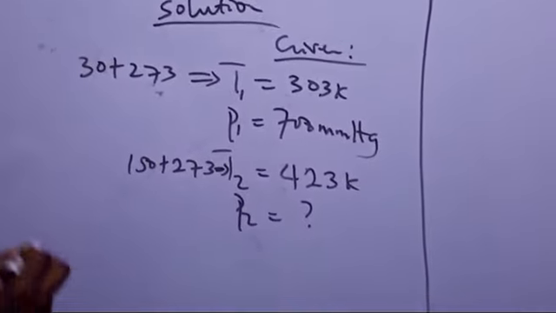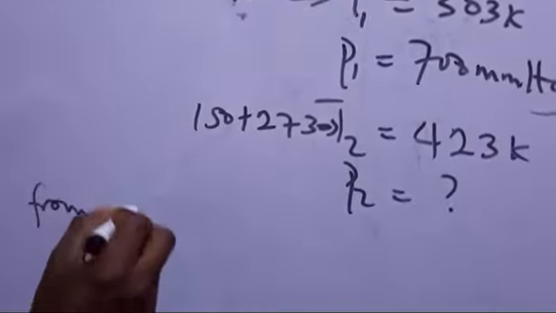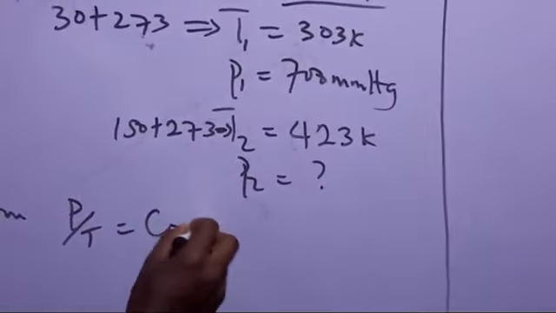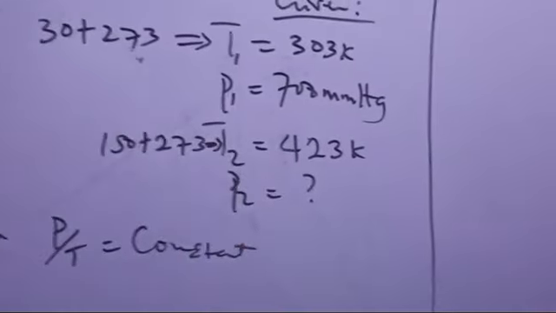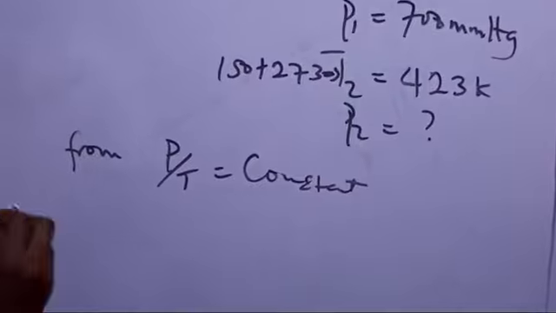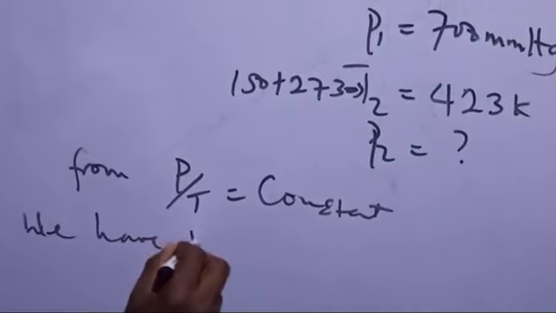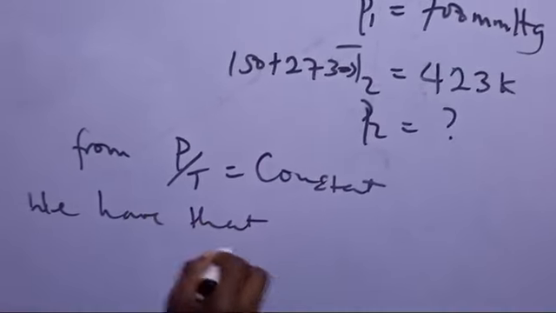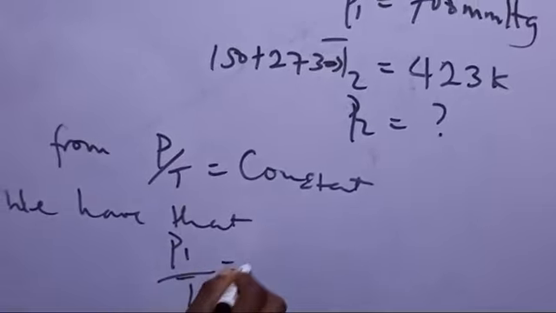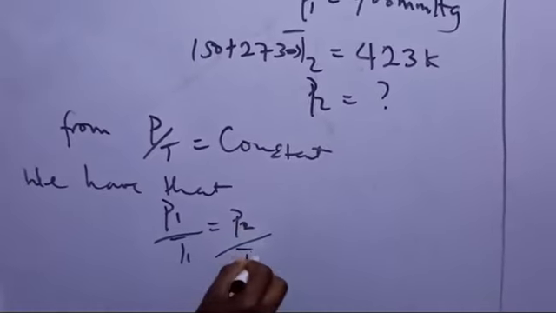Now, from P over T equals a constant, we would have that P1 over T1 equals P2 over T2.